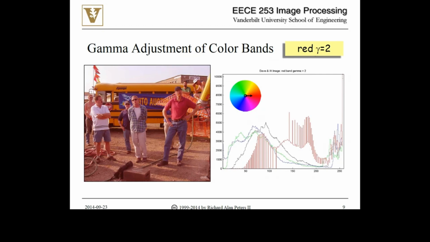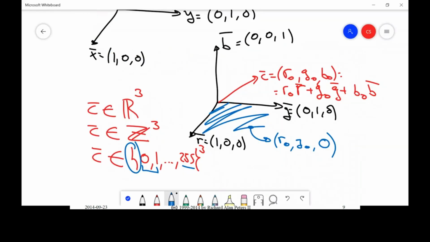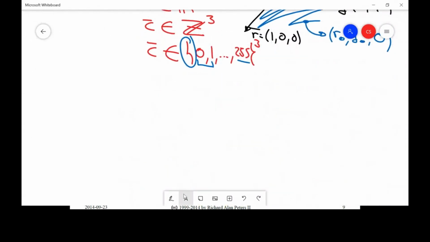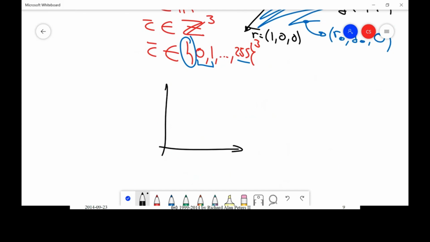So the gamma equal 2 is this one. It is something like that. So this is the input color. This is input, this is output.